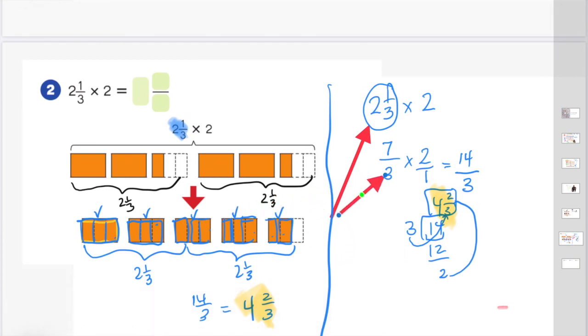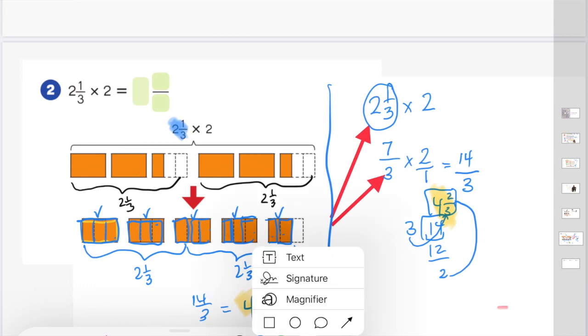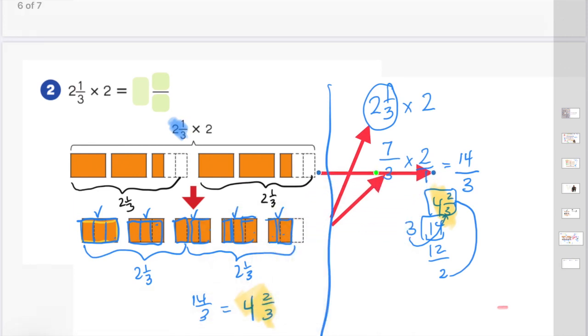And so you can see we've taken 2 1/3 and changed that into the improper fraction of 7/3. Next, we need to take the whole number and change the whole number into a fraction by placing it over 1. And then we can multiply.